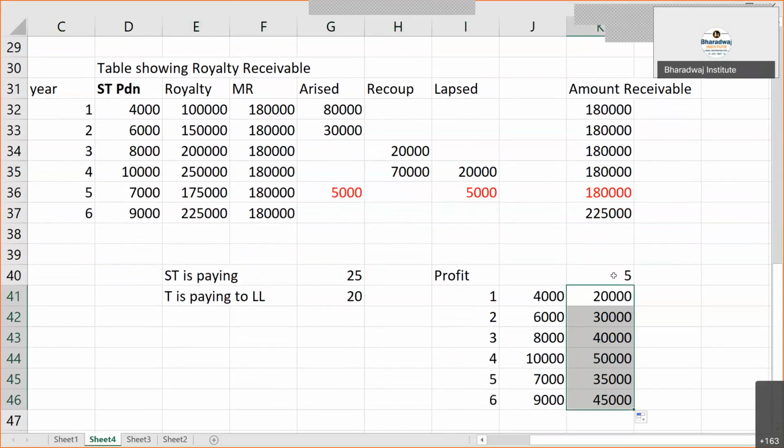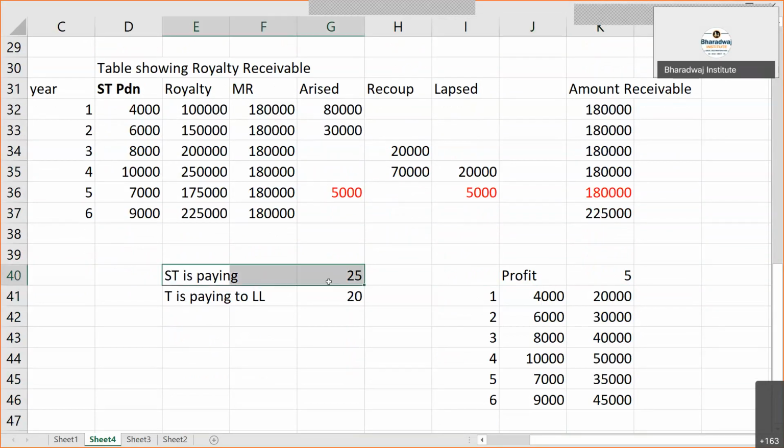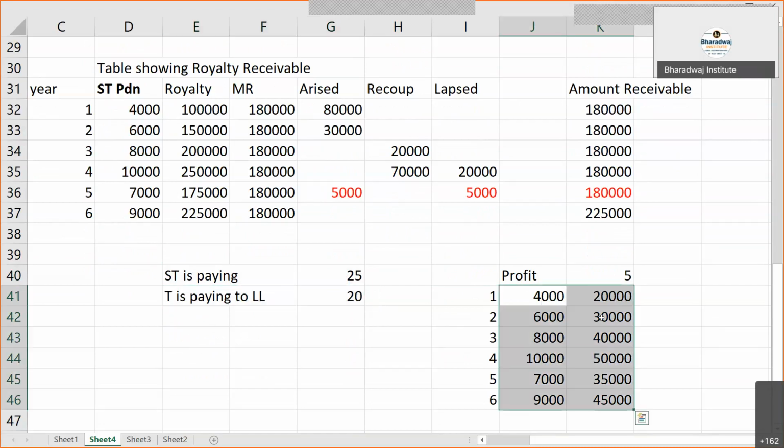And this profit will be transferred to P&L account. Okay, once again, I repeat. If you look at subtenant's production, he is paying 25 rupees. But tenant is paying to landlord only 20 rupees. The surplus 5 rupees will be transferred to P&L account. It's a profit for me because I'm going to collect 25, but I'm going to pay only 20.